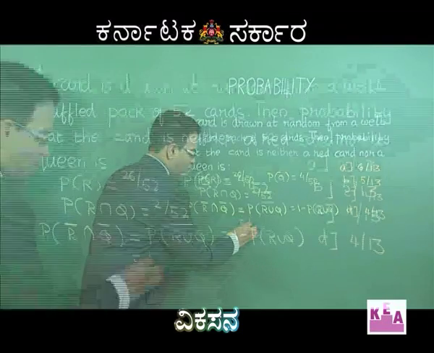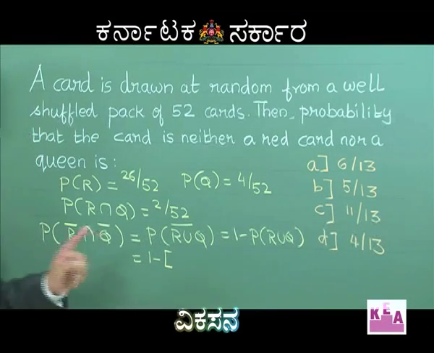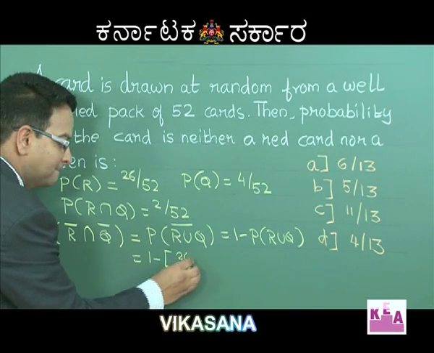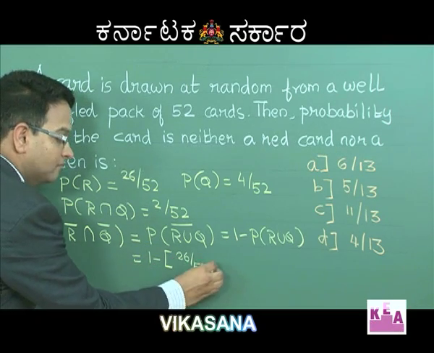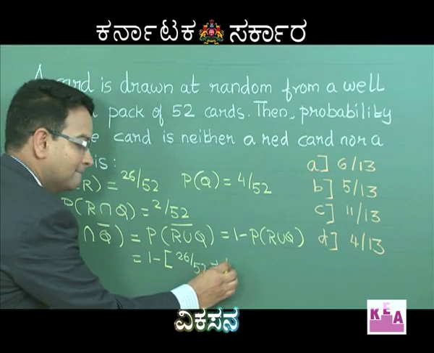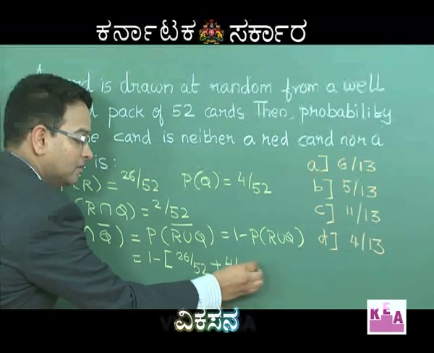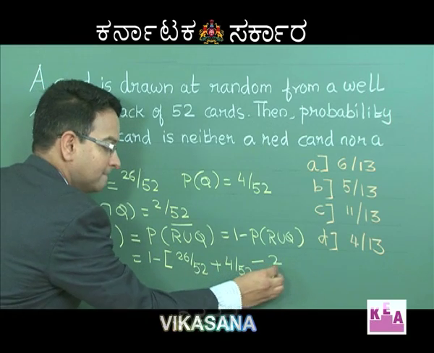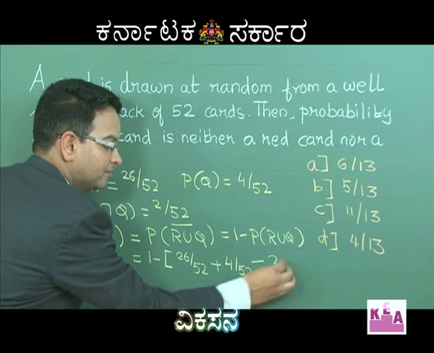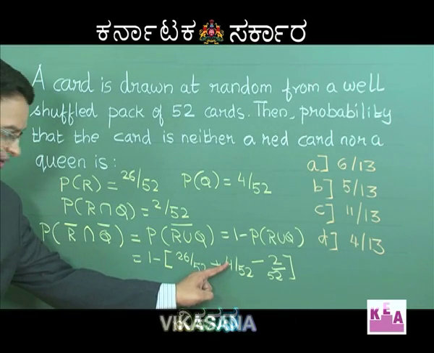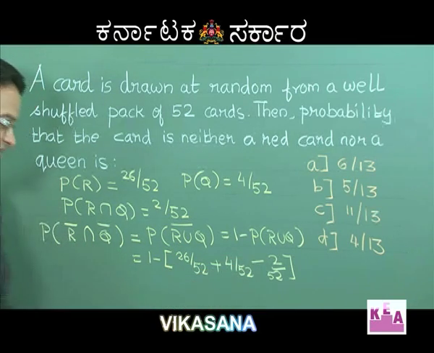So this would be 1 minus P of R. What is P of R? 26 by 52 plus P of Q. P of Q is 4 by 52 minus P of R intersection Q, which is 2 divided by 52. So we have 26 plus 4, 30, 30 minus 2, that's 28.